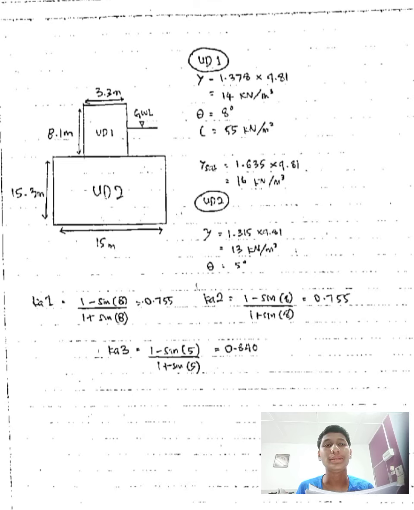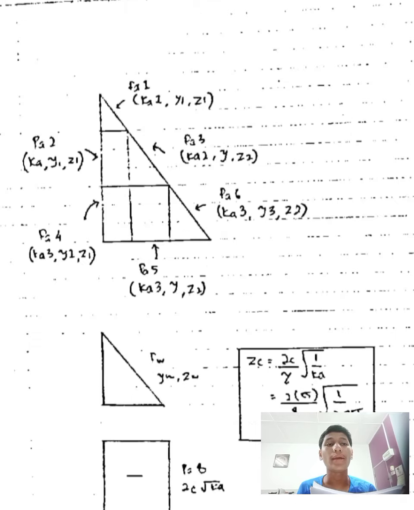The total is 0.755. Ka2 same with Ka1, because the angle is same, and Ka3 the angle is different, so we will use 1 minus sin bracket 5 per 1 plus sin bracket 5. We will get the total is 0.840.